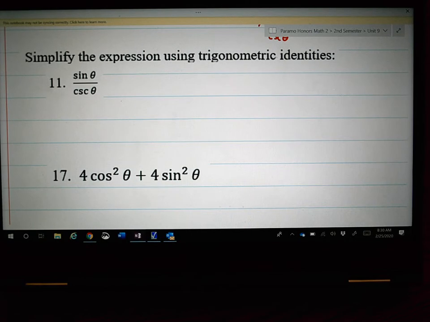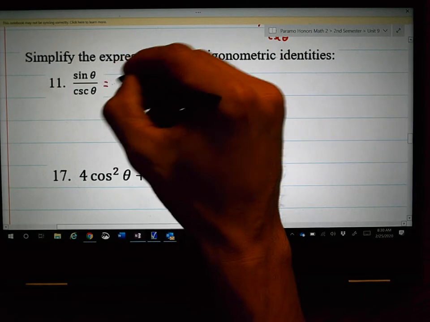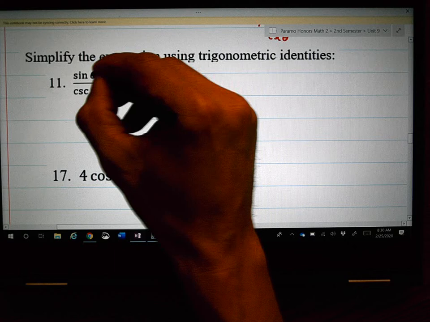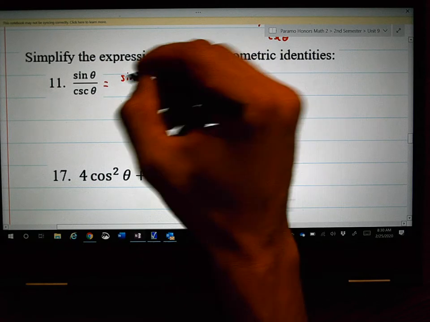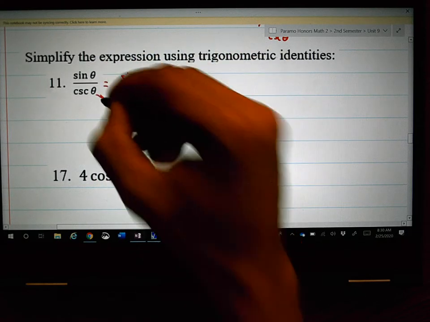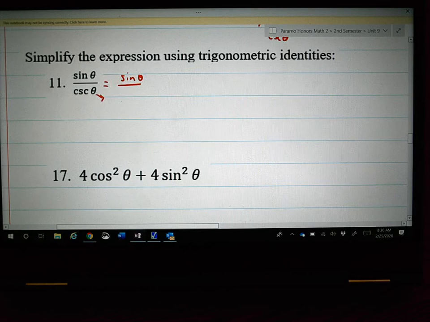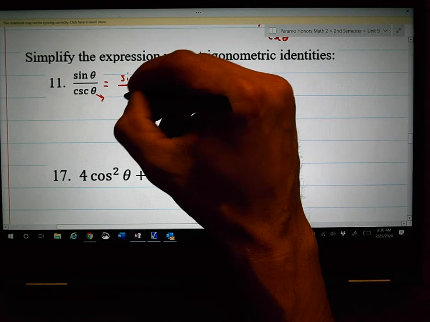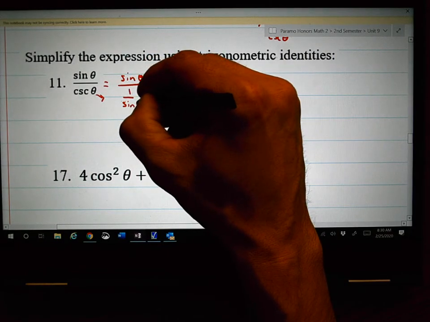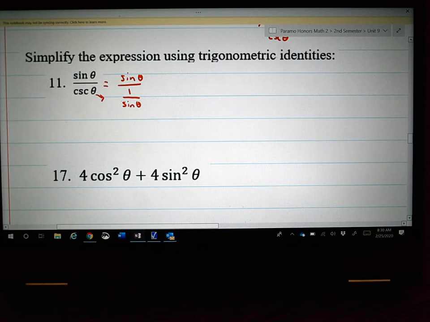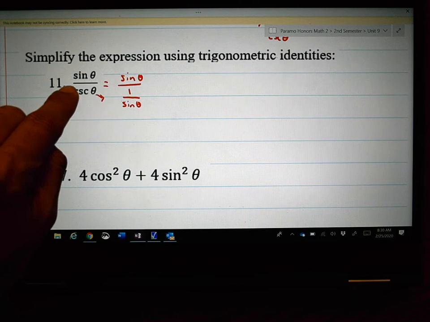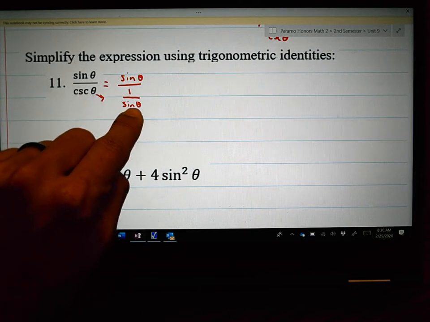So here we go. I know that sine of theta is the same thing as sine of theta. I also know that the cosecant of theta is the same thing as 1 divided by the sine of theta. That's its reciprocal identity. That means this is the same thing as that.